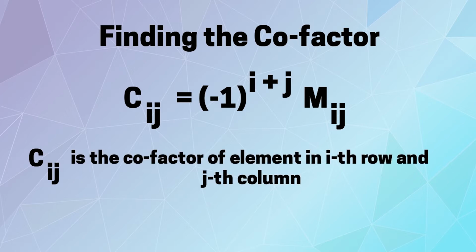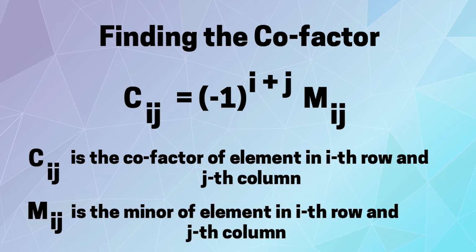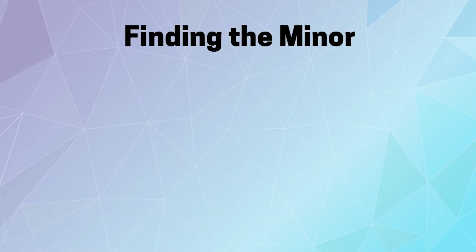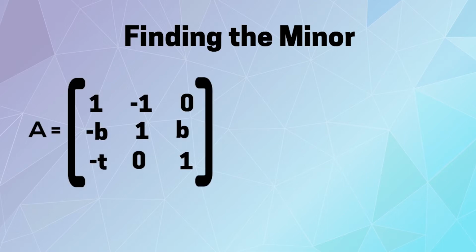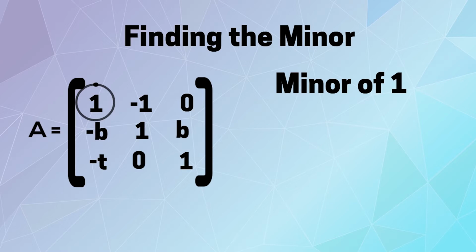Here Cij is the cofactor of the element in the ith row and jth column, and Mij is the minor of the element in the ith row and jth column. Minor of an element is found out by striking the row and column in which the element is placed and taking the determinant of the remaining elements.